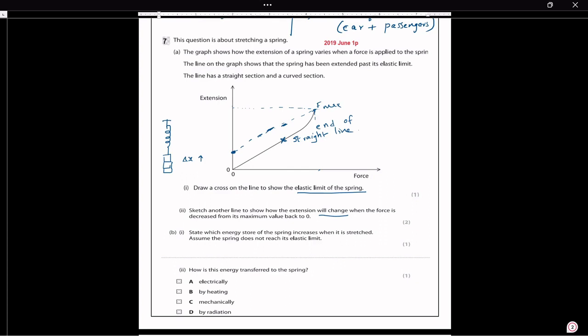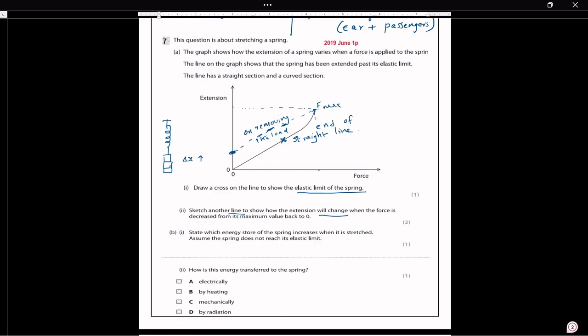Sketch another line. So this is the line on removing the load, removing the weight. This is the graph you are getting. Okay, this way.